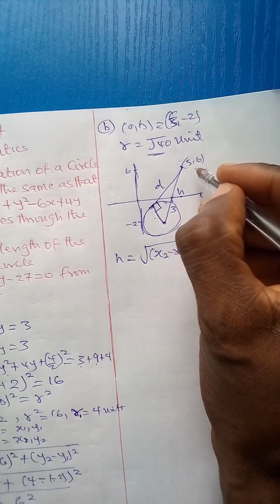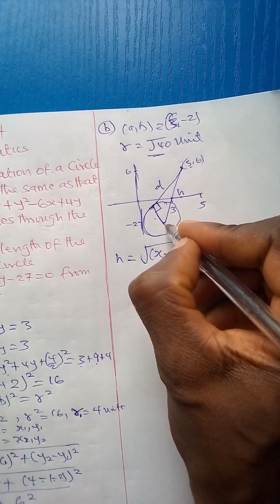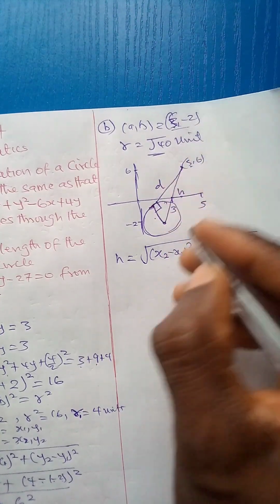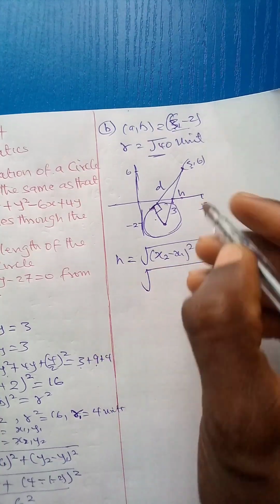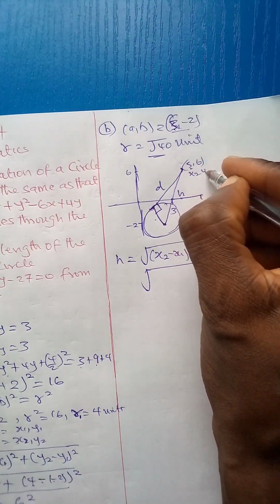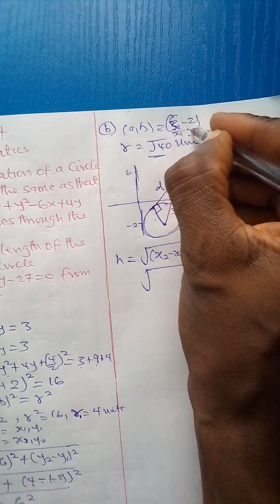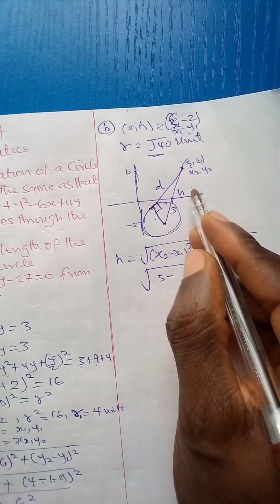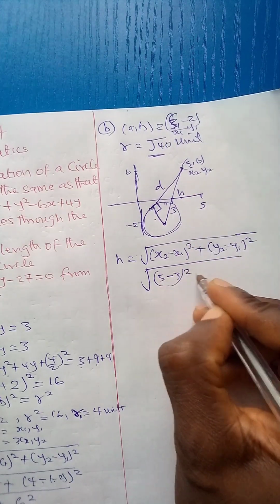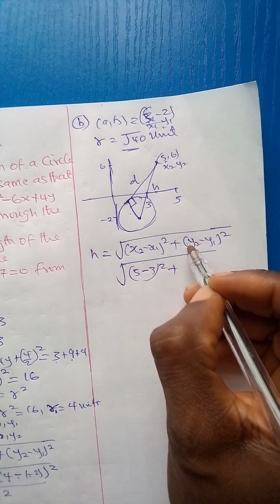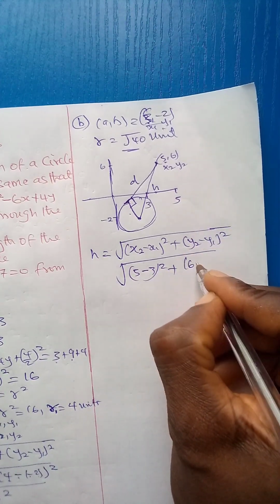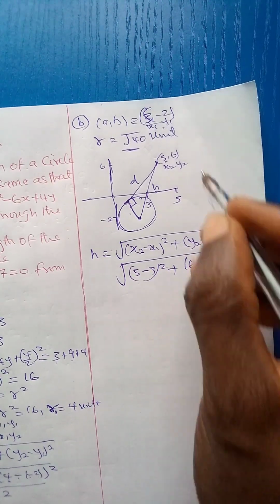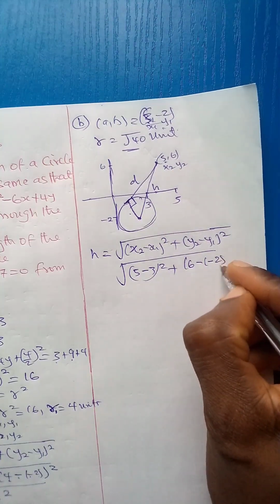Now the point we are dealing with is this point and the center point. Let's remember the center point is this. So let's here be x2, y2, and here be x1, y1. x2 is 5 and x1 is 3, squared, plus y2 is 6, then minus y1 is 2.